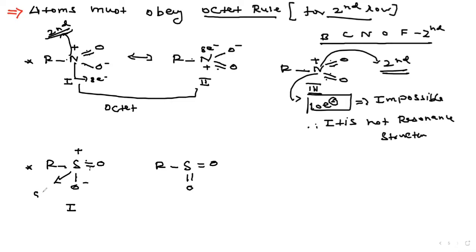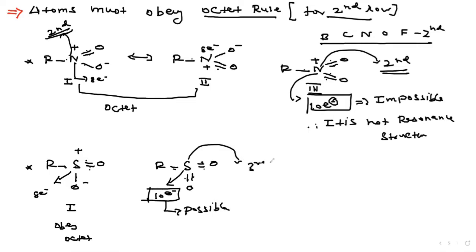This is 8 electrons. The first structure obeys the octet. Now, 2, 4, 6, 8, 10. It should be 10 electrons. Now, this is possible. Why is it possible? Because sulfur belongs to the third period. Then never worry about the octet. Therefore, this is a resonance structure.